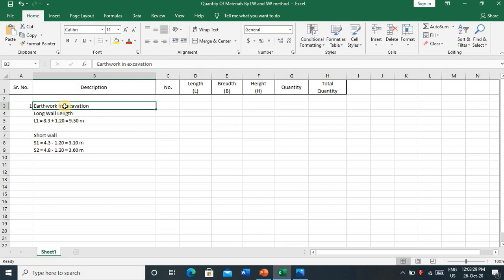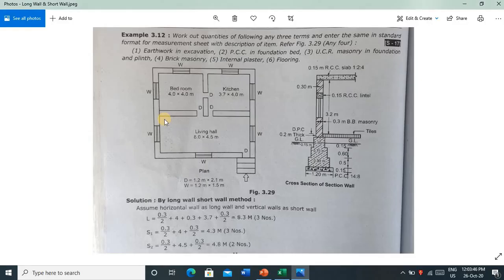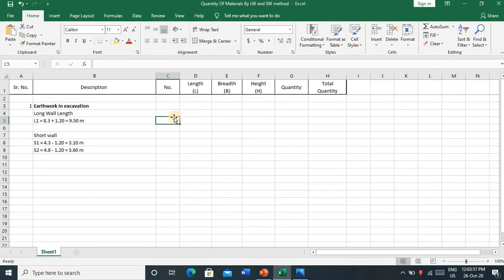So for this earthwork in excavation the length is 9.50, and for short wall 1 it is 3.10, and for short wall 2 it is 3.60. So here numbers, long wall numbers, see how many? 3. So in numbers we will write 3.